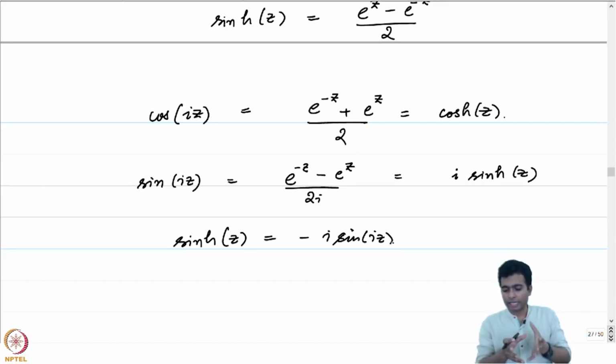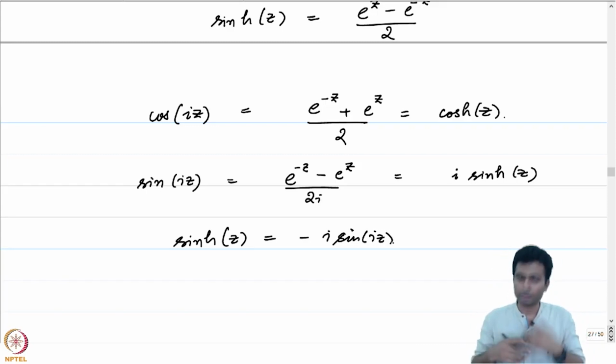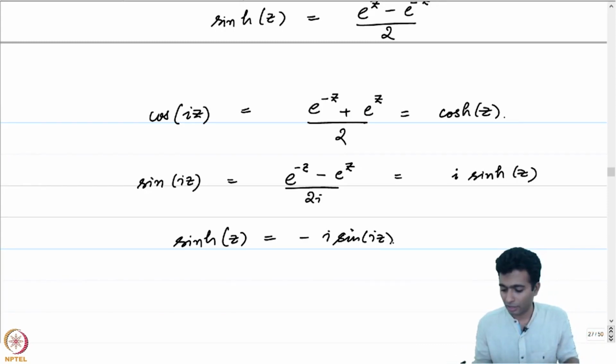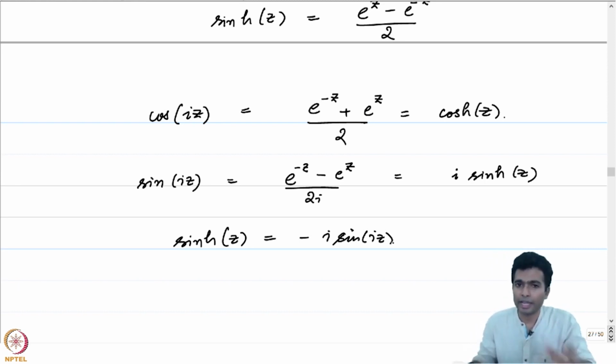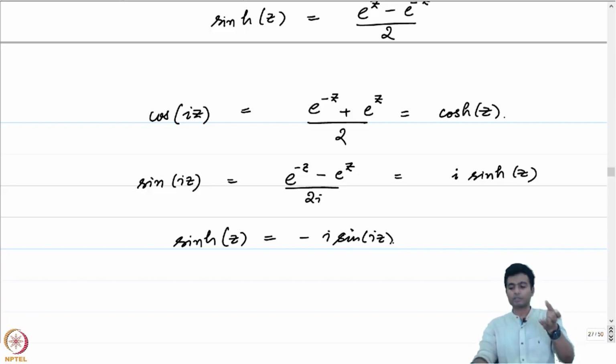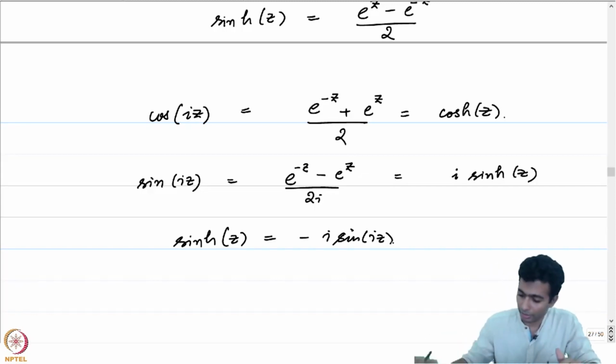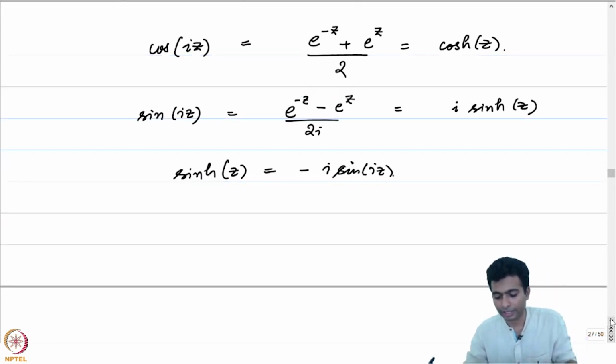So the hyperbolic sine is obtained by some rotations of 90 degrees because of the multiplication by i. When you multiply by i, it's basically rotations by 90 degrees. So the sine is related to the hyperbolic sine by some rotations of 90 degrees. The hyperbolic cosine is related to the cosine function again by some rotations of 90 degrees.